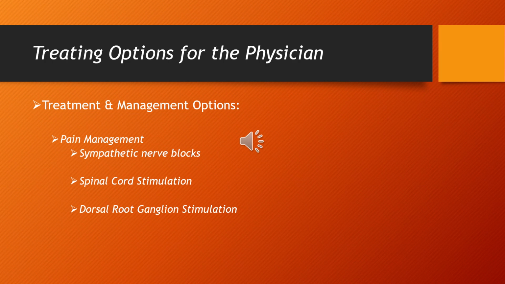Just to review, since sympathetic hyperactivity is believed to be the underlying pathophysiological mechanism, you would think lumbar spinal sympathetic nerve blocks could be used in the treatment of the lower extremity symptoms. And then stellate ganglion sympathetic blocks would be used for management of upper extremity symptoms of this syndrome. So that's a possibility. And spinal cord stimulation is another.